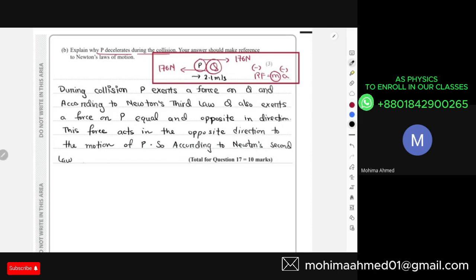So according to Newton's second law, negative deceleration. Right. So this should be your answer.